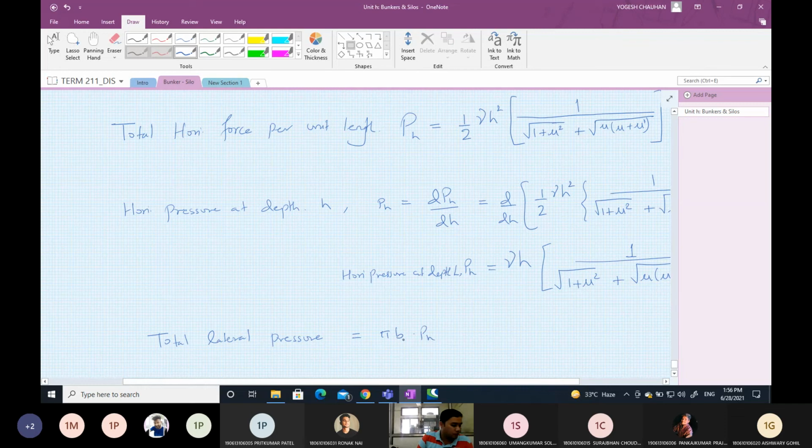So this will give you the total lateral pressure, and the total vertical force carried by the wall due to friction, total vertical load carried by walls due to friction, that will be equal to μ times B times ph into μ'.